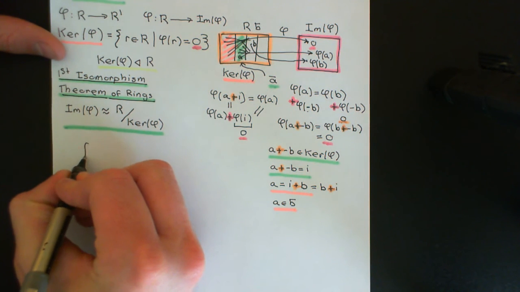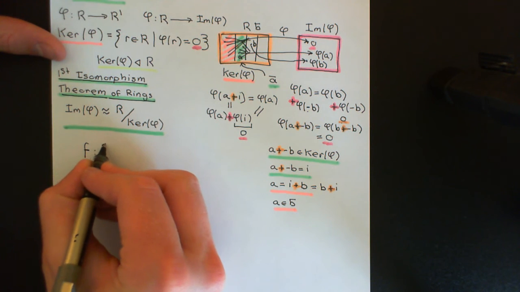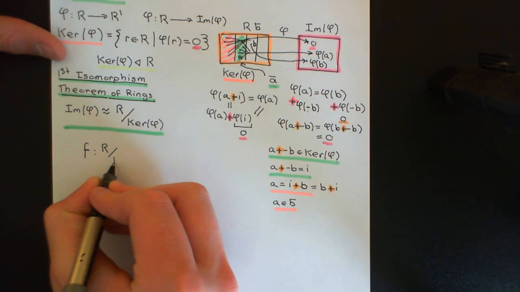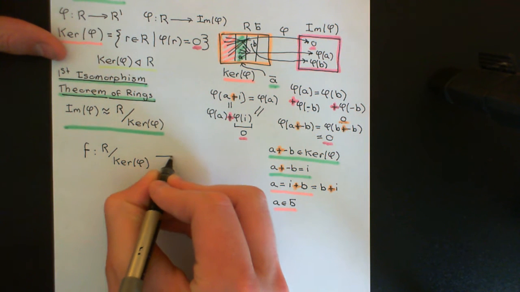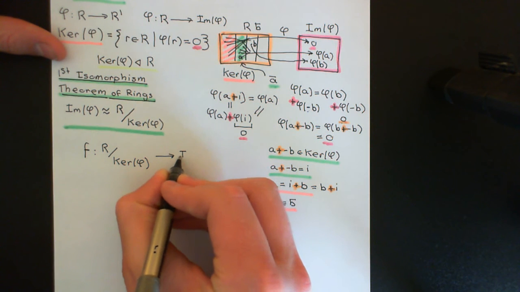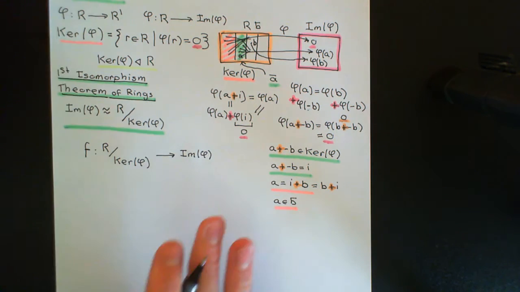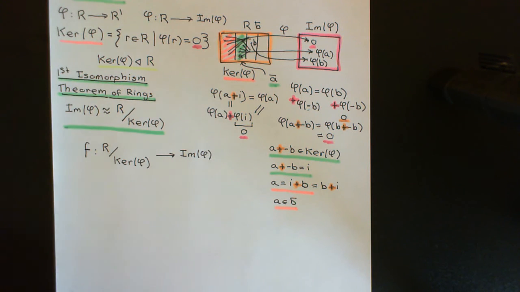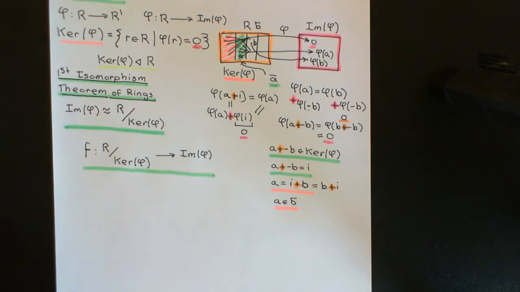So I'm going to call this mapping F, and it's going to go from the quotient ring, the domain ring quotiented out by the kernel of the homomorphism, to the image of the homomorphism. So this is going to be my isomorphism, and it needs to be a bijective map which preserves addition and multiplication. And hopefully you should be able to guess what I'm now going to use to produce this map.